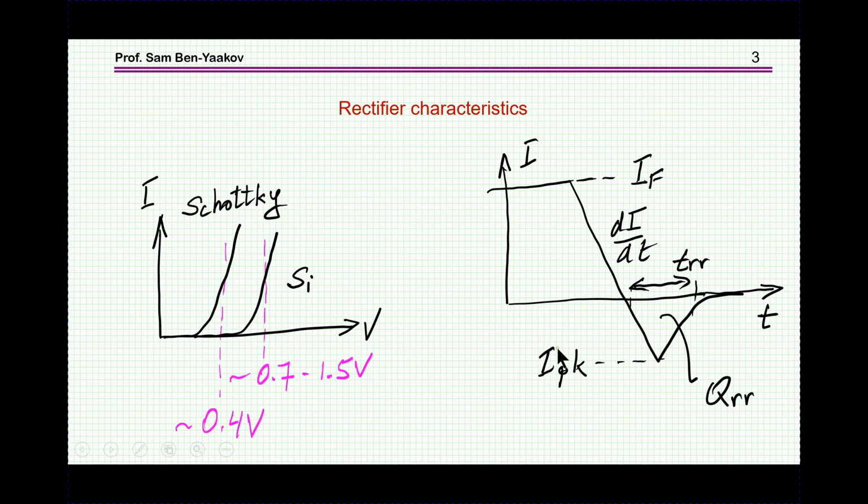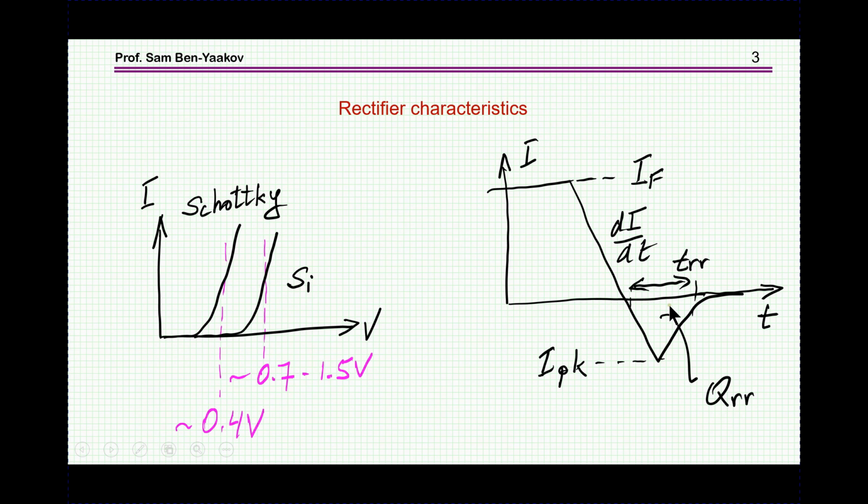Another important characteristic is the reverse recovery process here. I'm showing the forward current, and then we have the IDT as we expose the diode to a reverse voltage. The IDT depends primarily on the external circuitry, and then the current will go negative up to a reverse peak current.